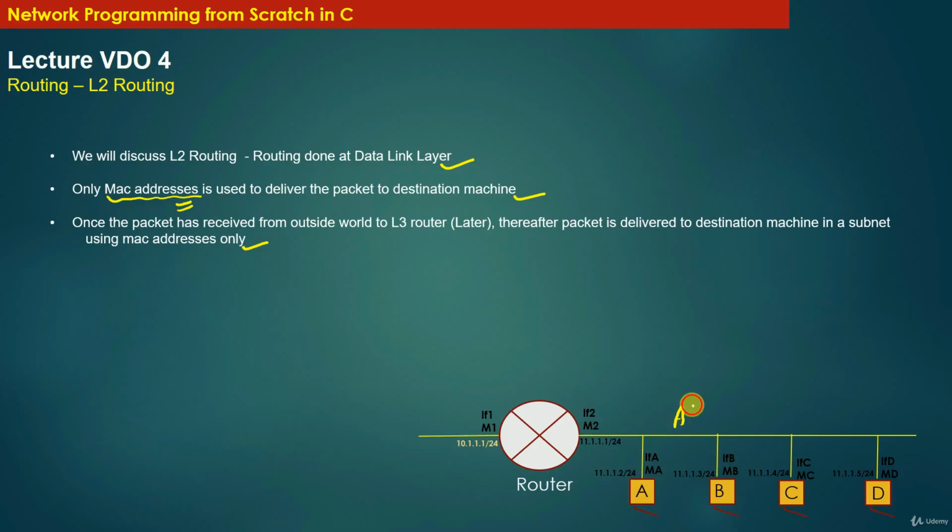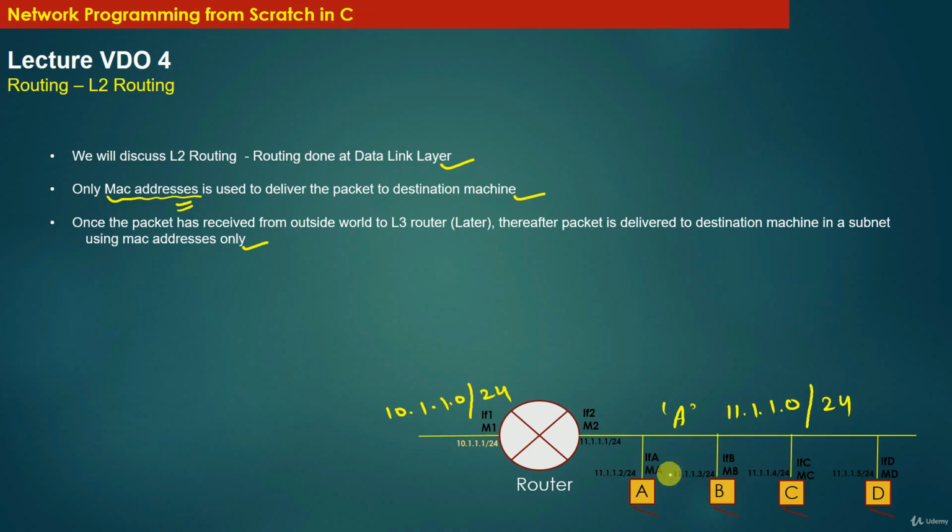Let's say the subnet on the right hand side is A, and the network ID of this subnet is 11.1.1.0/24, whereas the subnet on the other interface of the L3 router is 10.1.1.0/24. So you can see that it is an L3 router which has two interfaces, and each interface of an L3 router actually hosts a subnet.